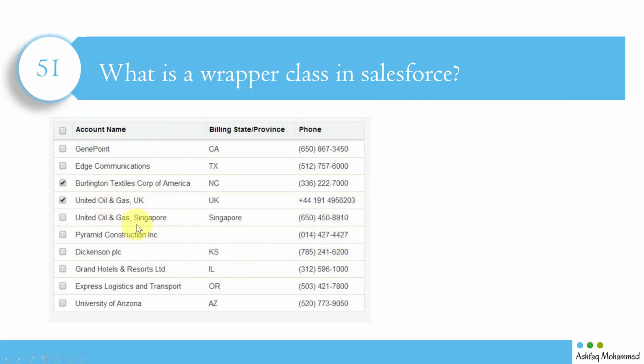So if I declare opportunity, I will only be able to show opportunity fields, and if I declare contact, then I will only be able to display the fields of contact.